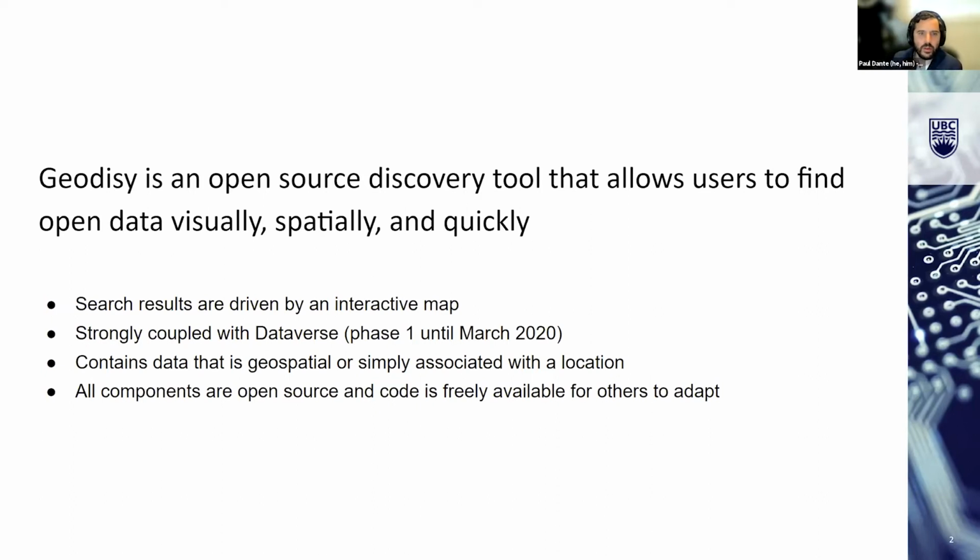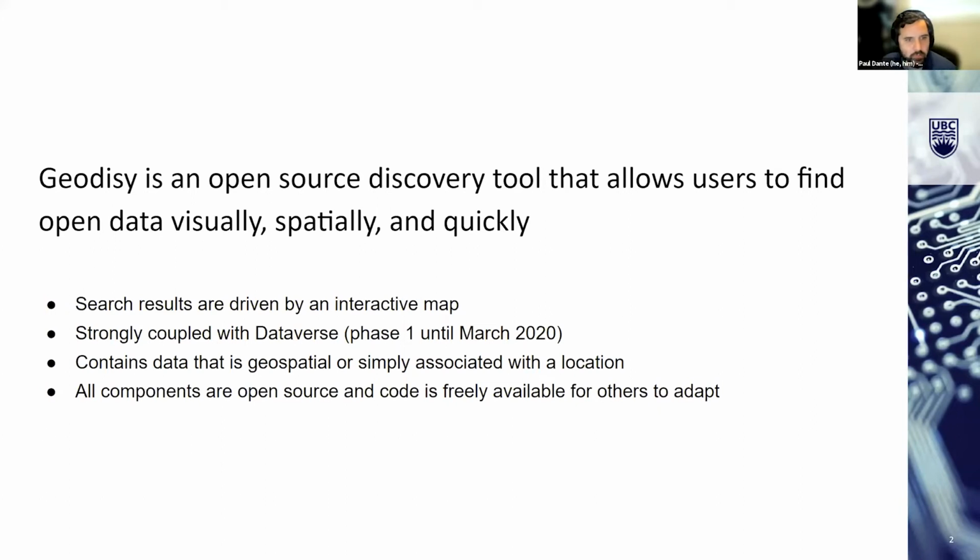For phase one of the project, which ended in March 2020, we were very strongly coupled to Dataverse in that we were pulling metadata and data directly from the Scholars Portal Dataverse. Since then, in phase two, we've changed up our metadata source a little bit, but I'll talk about that later in the talk.